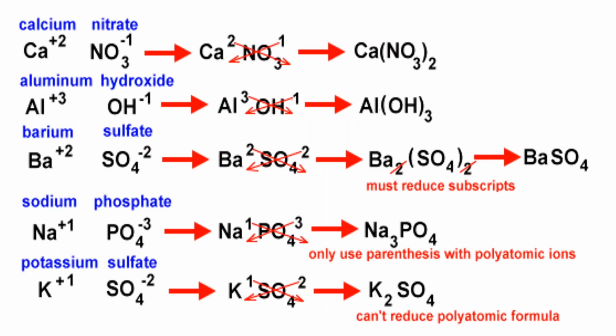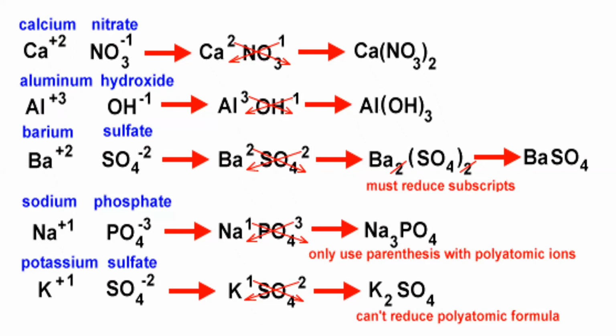Since nitrate is already a unit of polyatomic ion, we have to use open and close parentheses. But still, you have to do the crisscross method if they are not balanced. But do not change the value of nitrate or the chemical formula of nitrate.